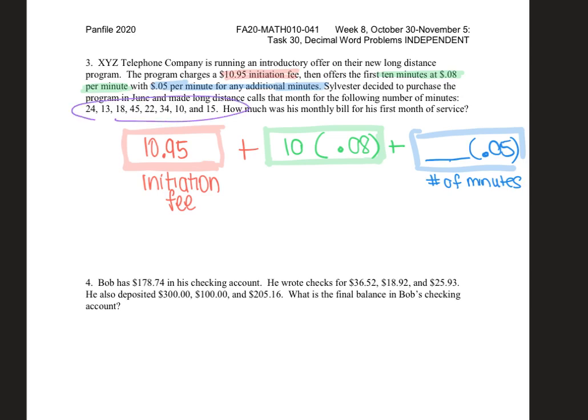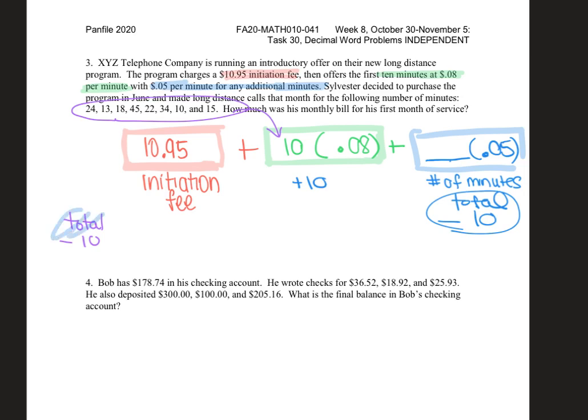Well, we already accounted for 10 of them. So we're going to take the total minus 10, right? So right here, it's going to be the total minus 10. Because the plus 10 and minus 10 cancel, and you get the total number of minutes.